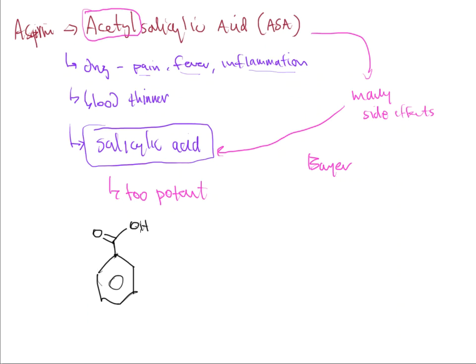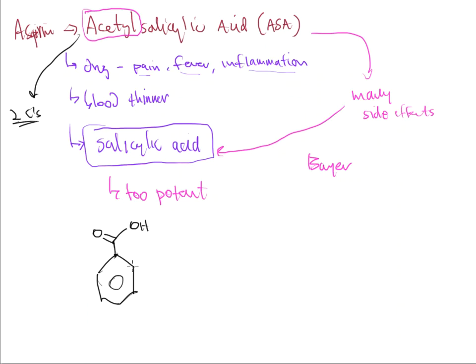But this is only part of the acetyl salicylic acid structure, or aspirin structure. So I'm missing another piece, and this other piece is the acetyl part. Acetyl in chemistry means two carbons. Whenever I see acetyl or acetate, it's representing two carbons.